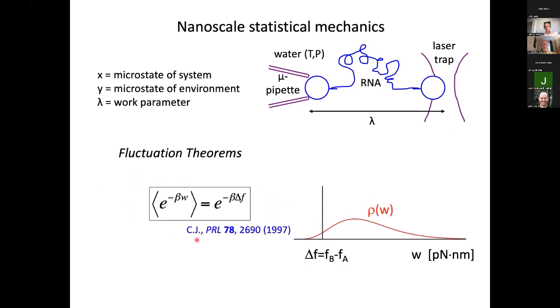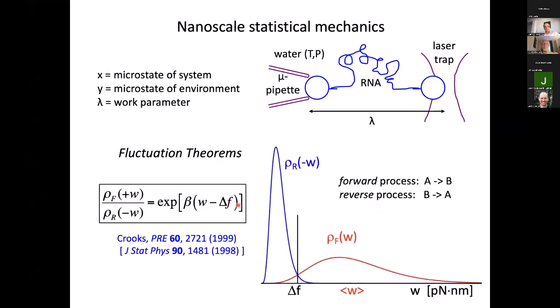So there's this prediction, which is an example of an integral fluctuation theorem. It says that the average of e to the minus beta W, where average is this average over this distribution of work values, is equal to e to the minus beta delta F. And then there's a detailed fluctuation theorem derived by Gavin Crooks, and this is expressed in terms of two different work distributions.